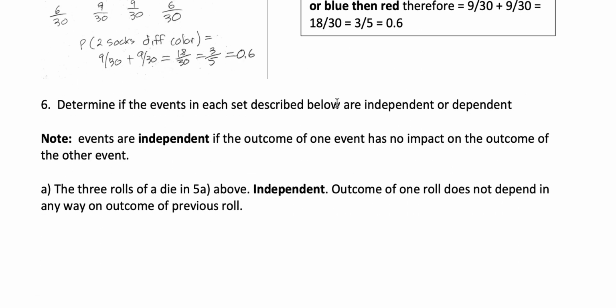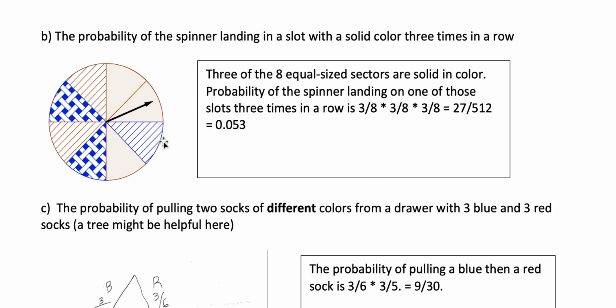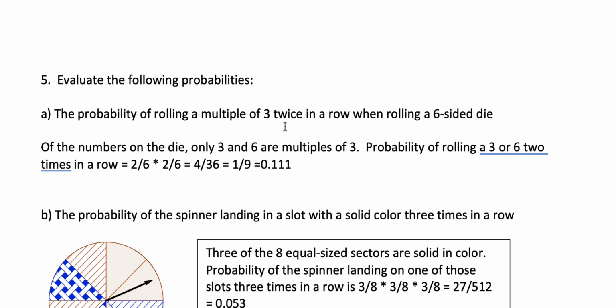Okay, determining if events are independent or dependent. What we want to know is, does what happens in the first event have any effect or provide us with any greater ability to predict what happens in the second event? Rolls of a die is in 5A here. When I roll the first die, it has 0 impact on what happens when I roll the die again.